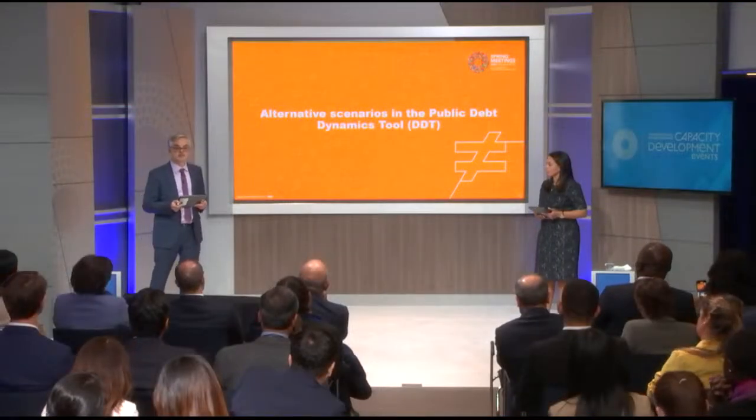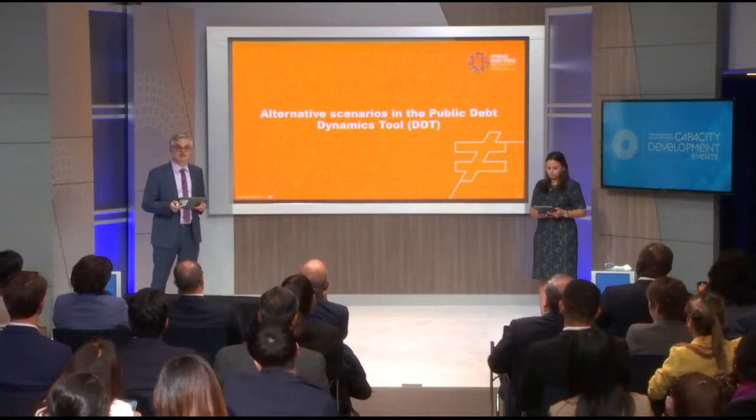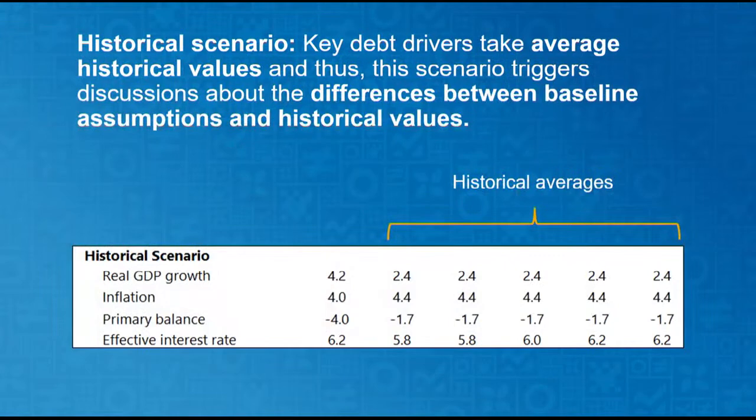Let's discuss now the alternative scenarios presented in the DDT. You can find these scenarios in the output shocks worksheet of the file. The first alternative scenario is the historical scenario. In this scenario, the key debt drivers take the average historical value.